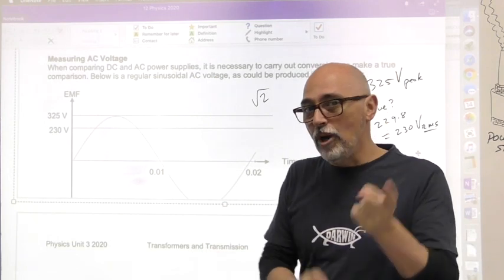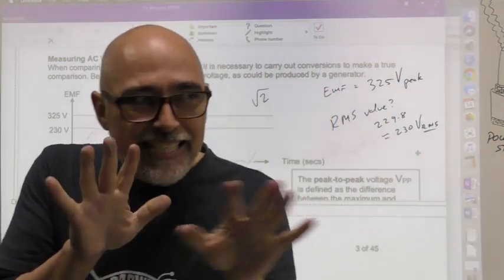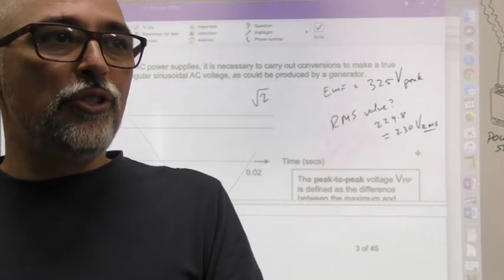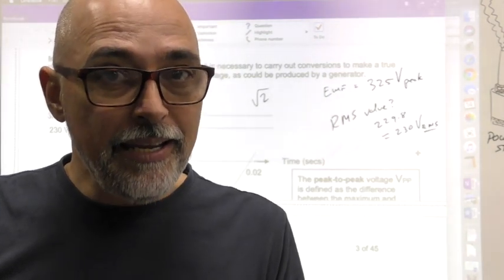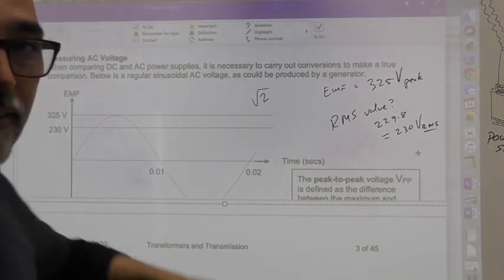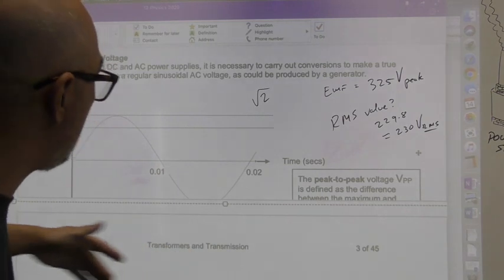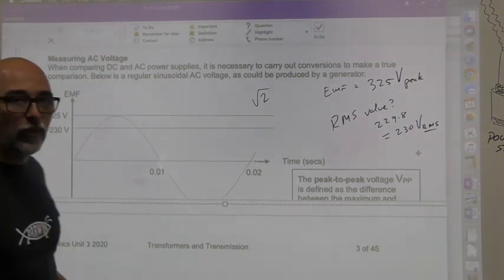There's only one other little complication. Occasionally a question will slip this in just to get you, all right? They may refer to peak to peak, all right? If they refer to peak to peak, then it's not 325, okay? It's 650, because peak to peak goes from a positive 325 to a negative 325.